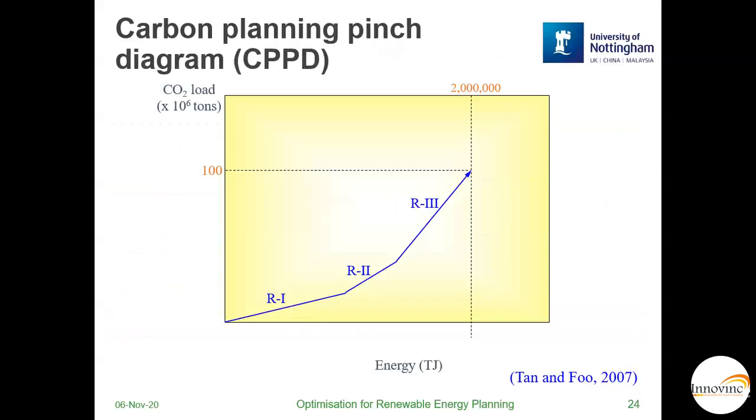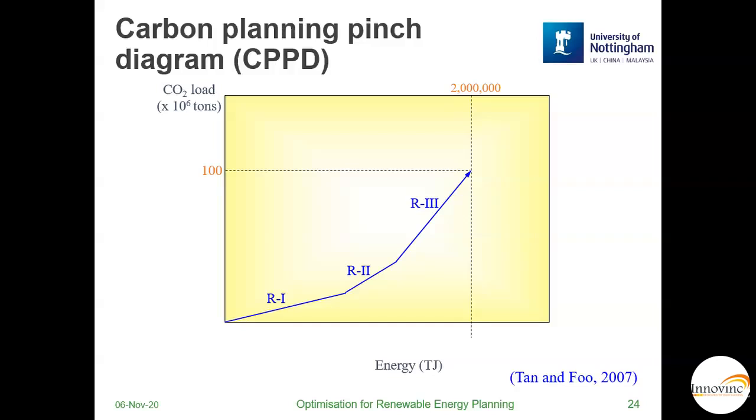The steeper the slope just means that the region can tolerate higher amounts of CO2. This could be an industrial area, for instance R3 in this case. R1 obviously has a lower slope, which means that the intensity of CO2 is much lower. Per amount of energy, the CO2 tolerable in this region is much smaller.